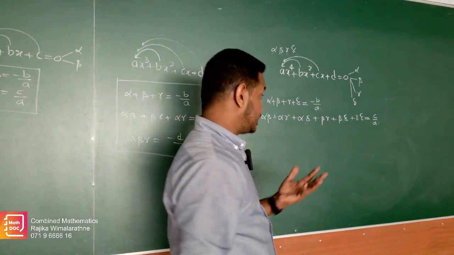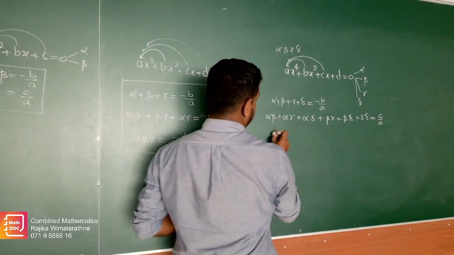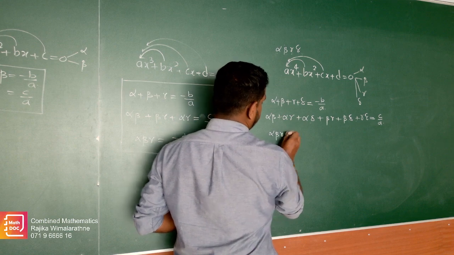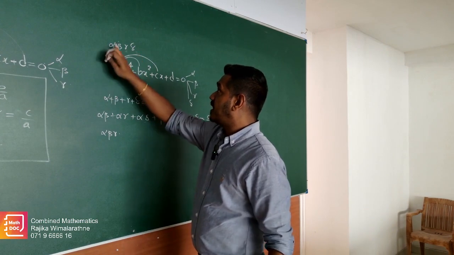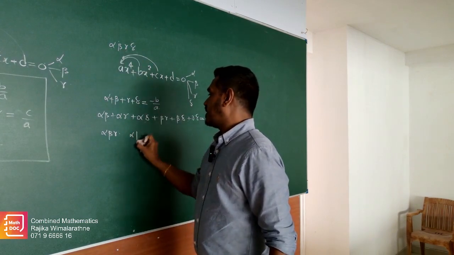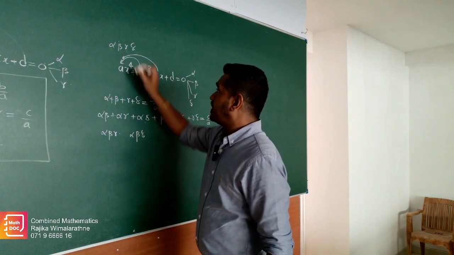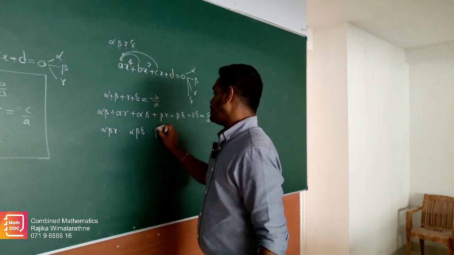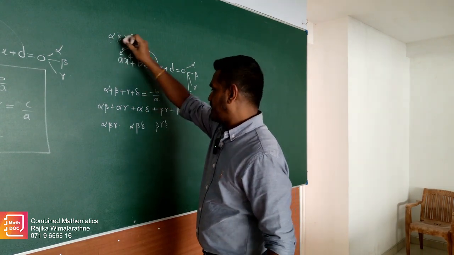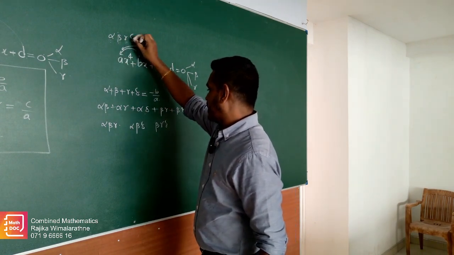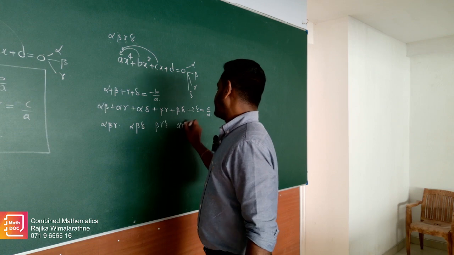Then take the products of three roots: alpha beta gamma, alpha beta delta, beta gamma delta and alpha gamma delta.